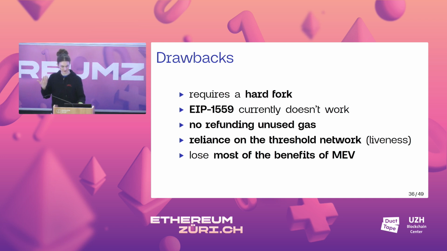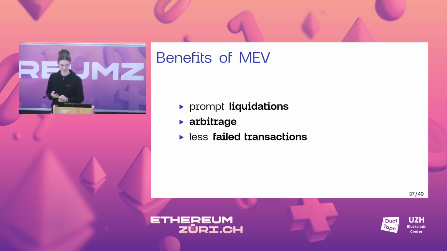You might think there are benefits to MEV, and yes, that is the case, because before, proposers were simulating transactions and trying to extract the most amount of value using things like MEV boost, Flashbots, and all of that. It was difficult to promptly liquidate a position on chain because the block producer could not arrange to do that.